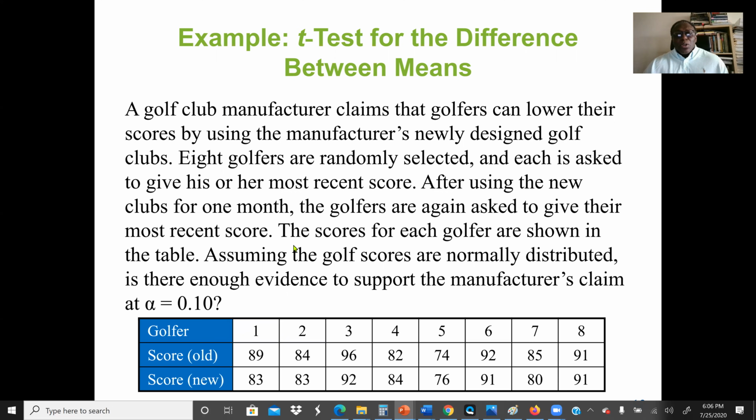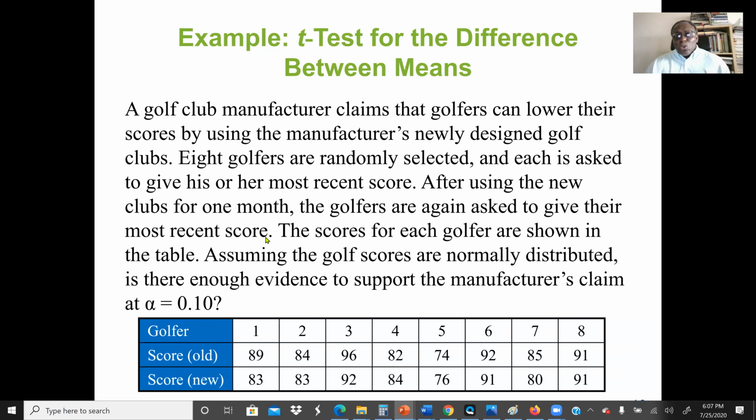So let's see the example here. A golf club manufacturer claims that golfers can lower their scores by using the manufacturer's newly designed golf clubs. So 8 golfers are randomly selected. That can be our sample. Each is asked to give his or her most recent score.